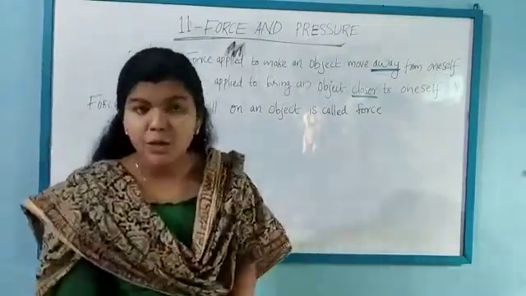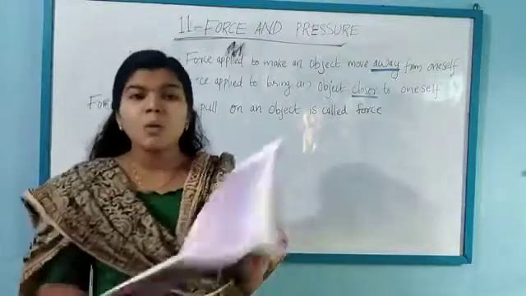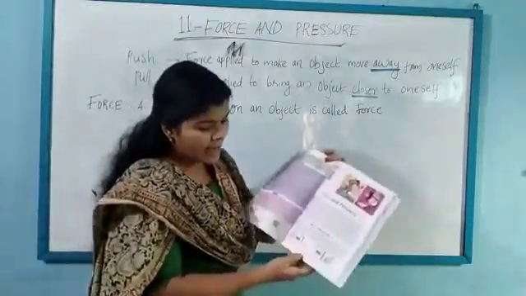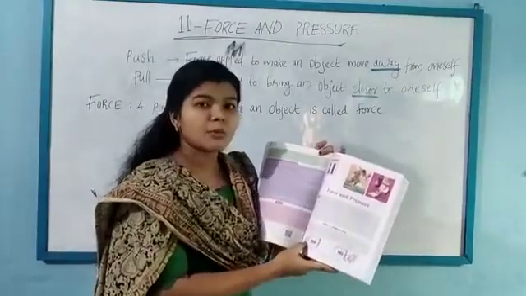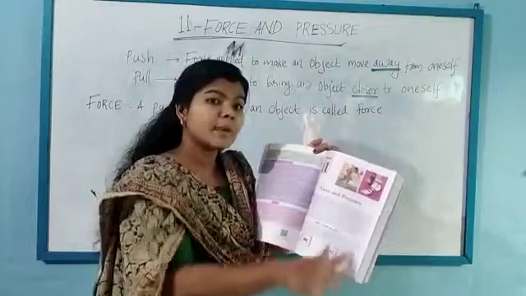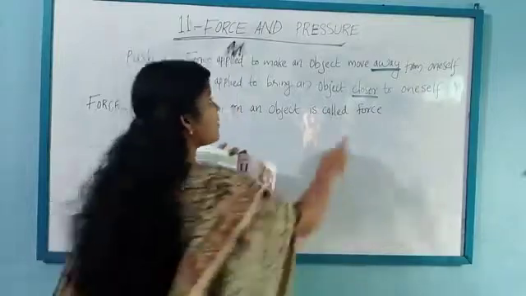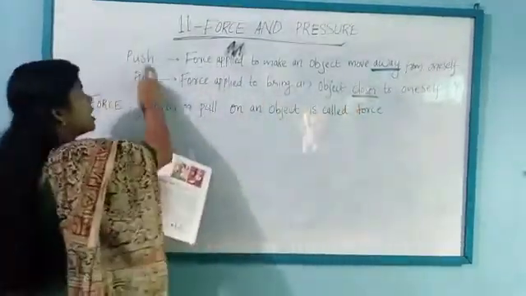And I will make it more clear. A figure is given in your textbook, page number 187. Figure A. Here in the case of the first figure, a man is trying to move that body away from himself, then it is push.